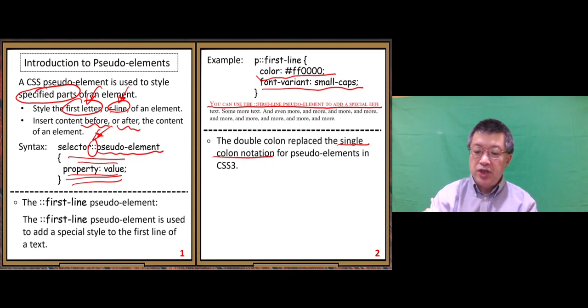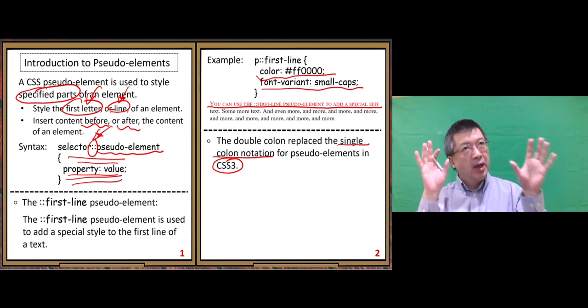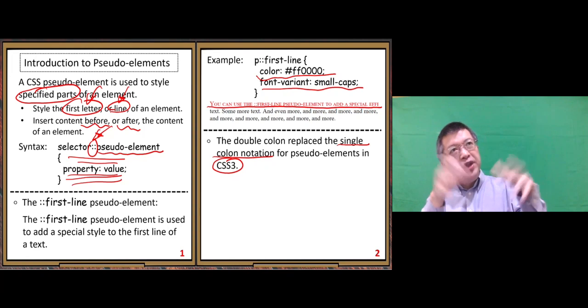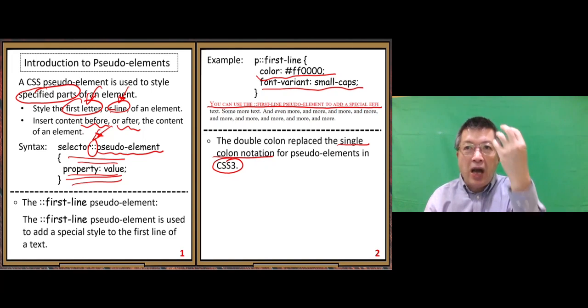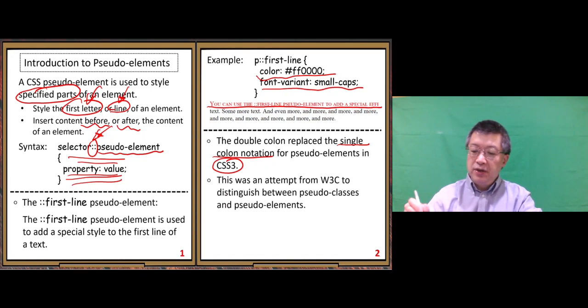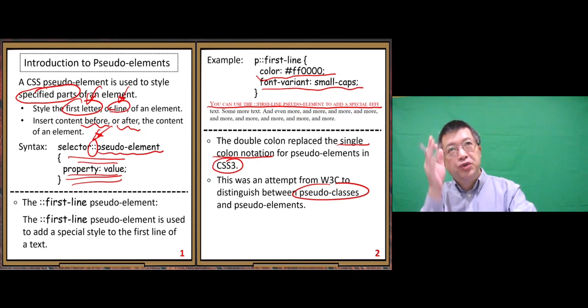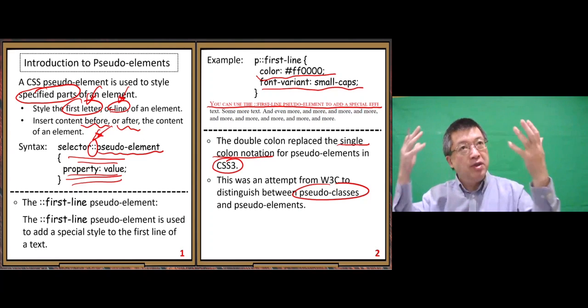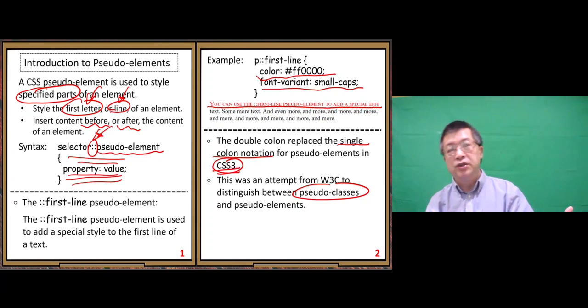The current CSS version, CSS3, the designers felt we need to separate, because the single colon is used for another concept called pseudo classes. Single colon is used for pseudo classes, so double colon is used for pseudo elements. So these two concepts can be separated. But for the versions before CSS3, those two concepts are not separated.